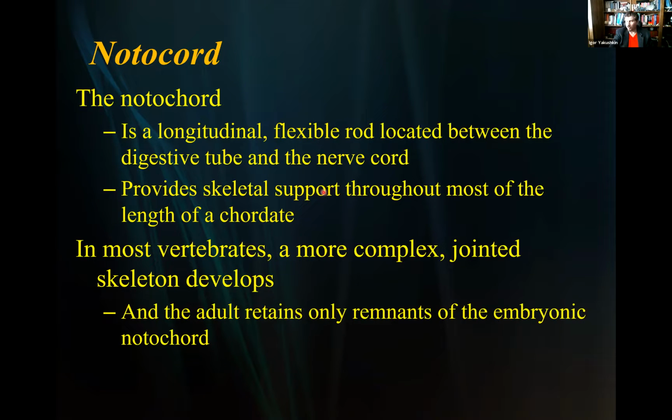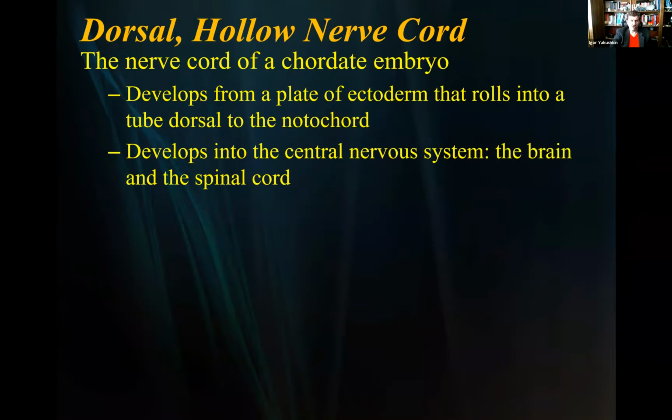It's the initial little support for a chordate, but in our case, it is substituted by actual bones. So it's a much more complex skeleton, and we have only remnants of the embryonic notochord in the middle of our vertebrae. We have a tiny dot-looking structure, and that's whatever the embryonic notochord used to be.